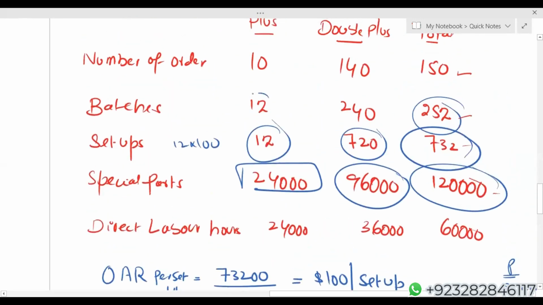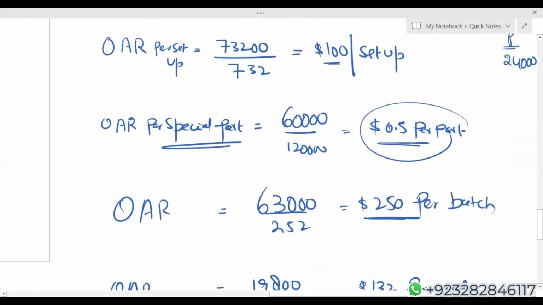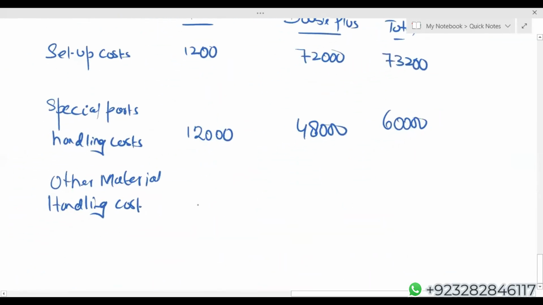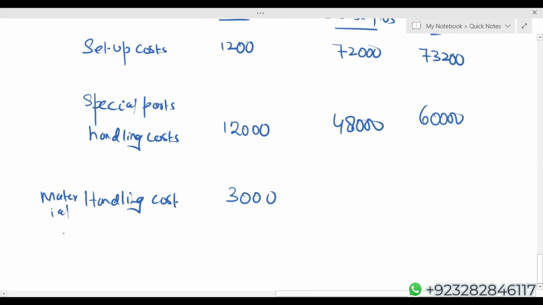Total batches for plus we have 12. So 12 multiplied by 250, I'm getting 3,000. So that is the material handling cost. And the total material handling cost they have given us is 63,000.